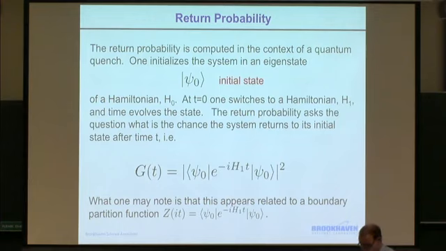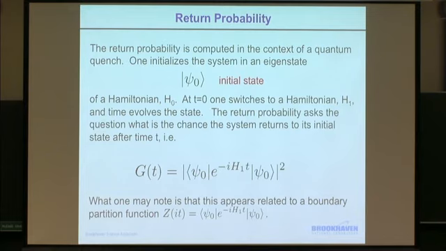So the particular problem we're going to focus on in this talk is studying the return probability. This quantity has been discussed several times already. The return probability: you have some initial state of the system which is an eigenstate of one Hamiltonian.